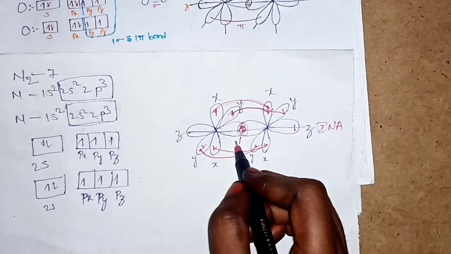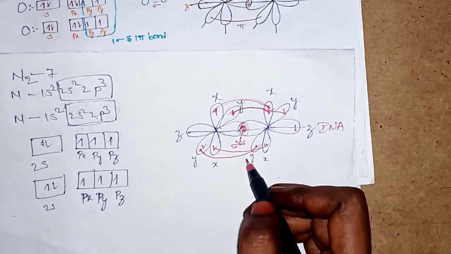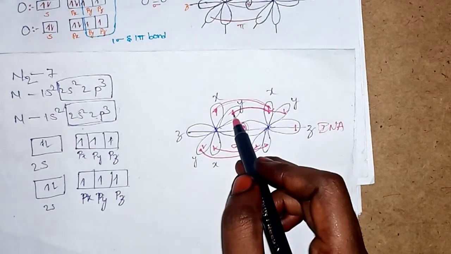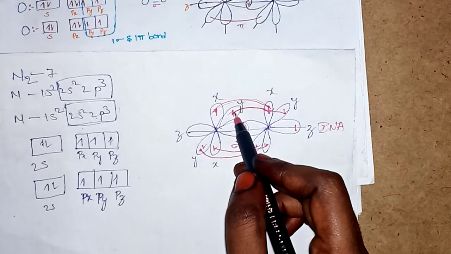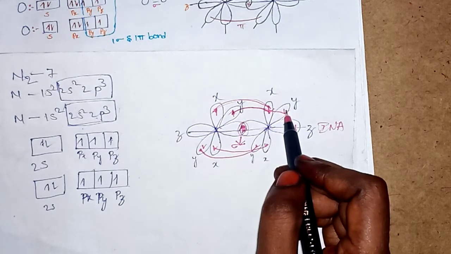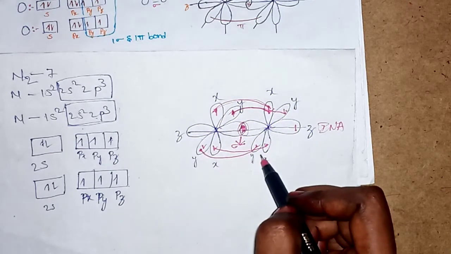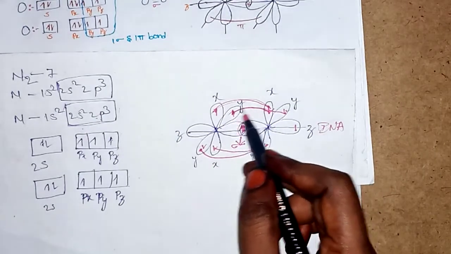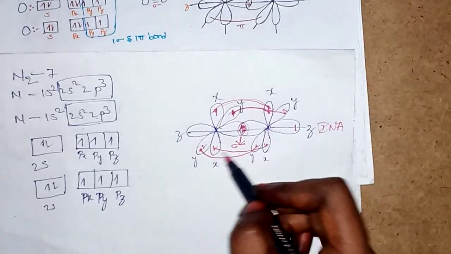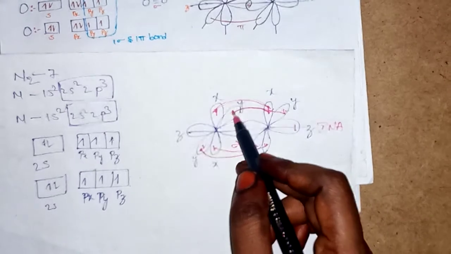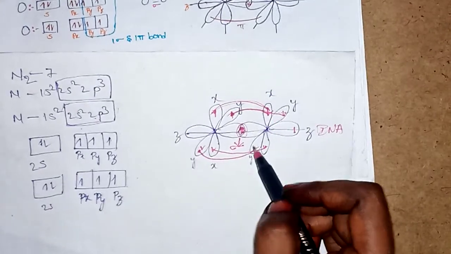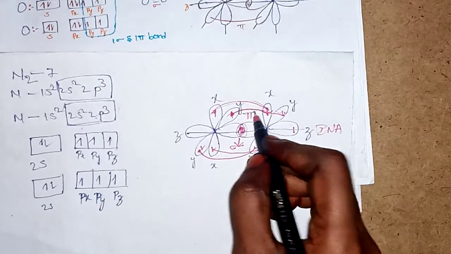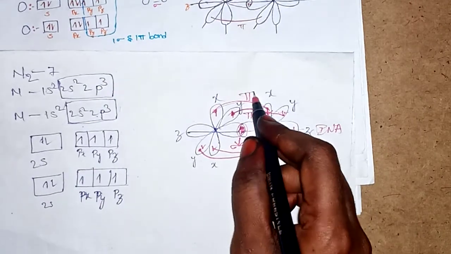So this is a sigma bond. And here four lobes are involved, na. This is 1y, 2y, 3y, 4y. So here one lobe, 2, 3, 4. Four lobes are involved, na. Two overlapping zones are involved, na. So that's why we get a pi bond here, and here also a pi bond.